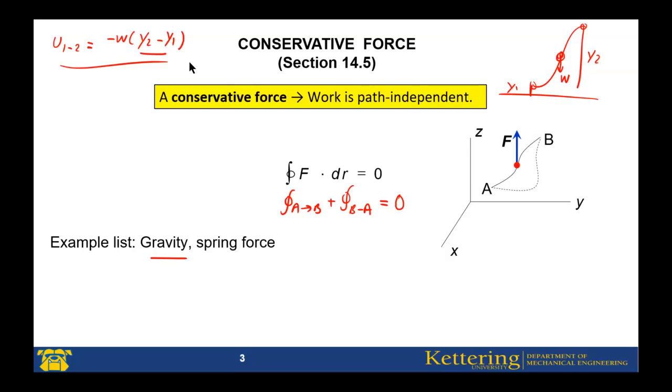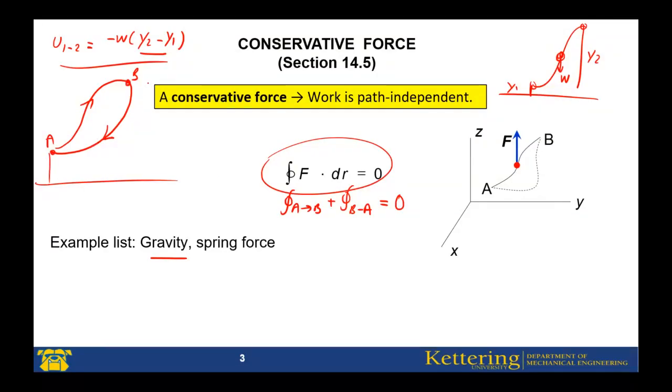Now, to find this for a closed path, for example, the particle moves from A to B, then moves from B to A, and their elevations from this datum line are YA and YB.